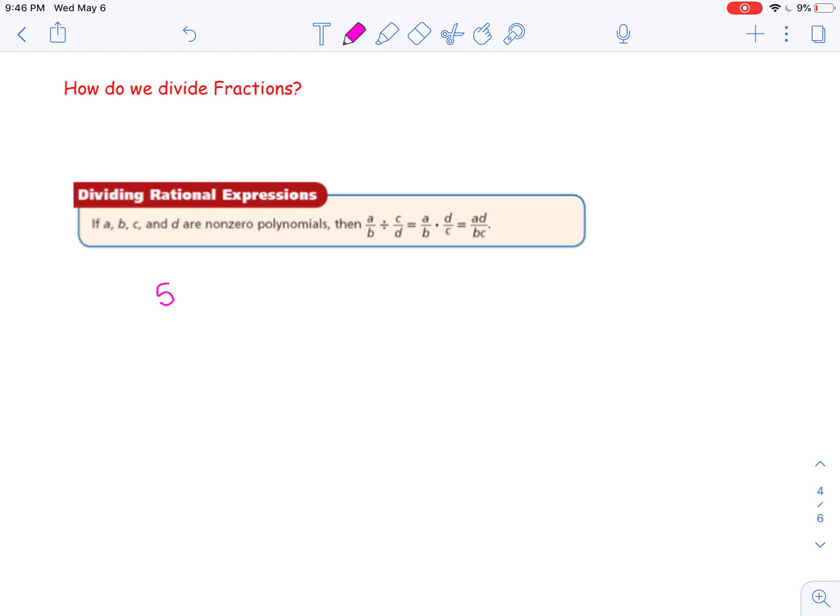If I have 5 over 6, and I'm going to divide that by, let's do 10 over 18. So I'm going to keep the first, so I'm going to keep 5 over 6.